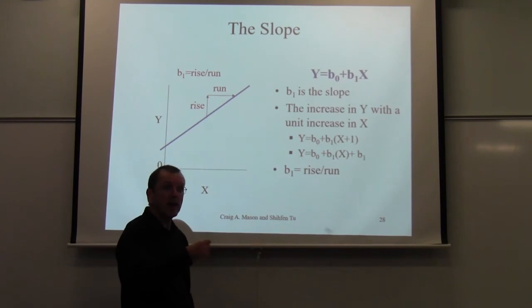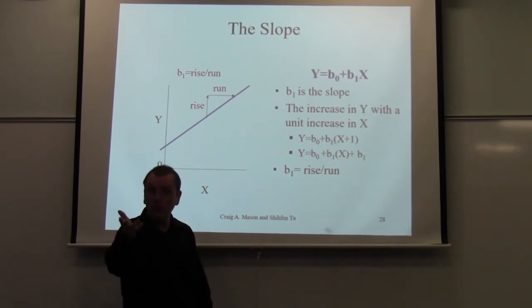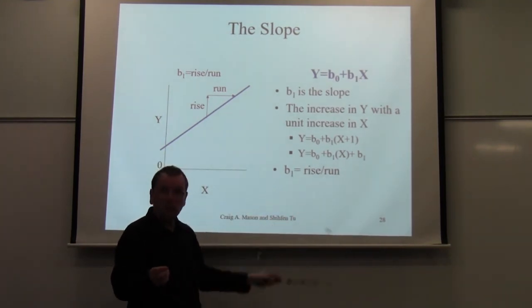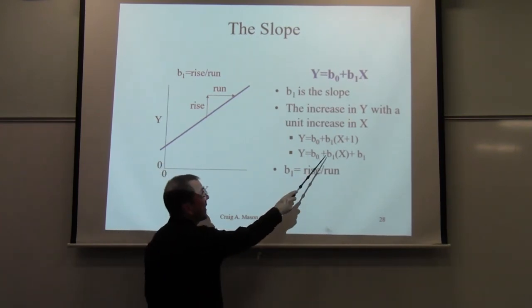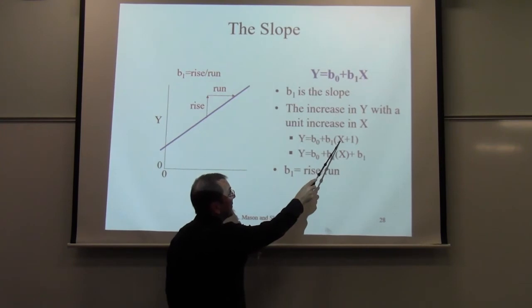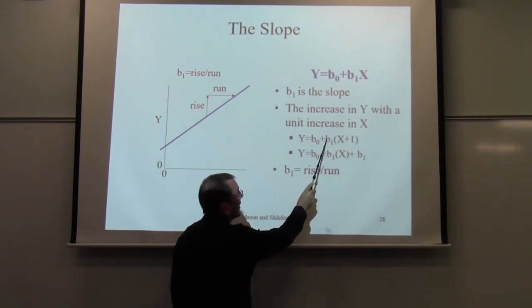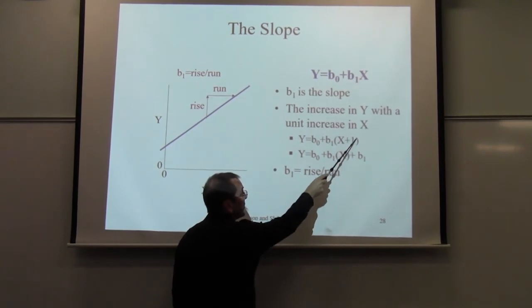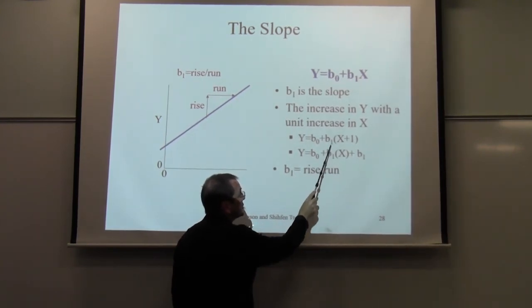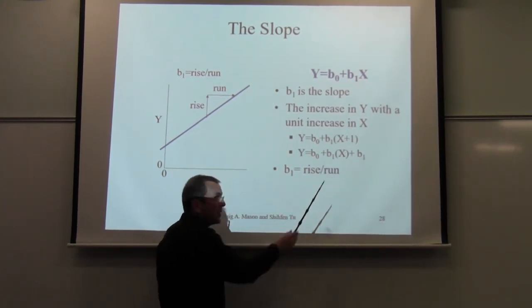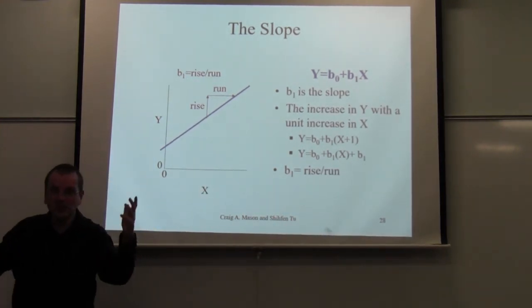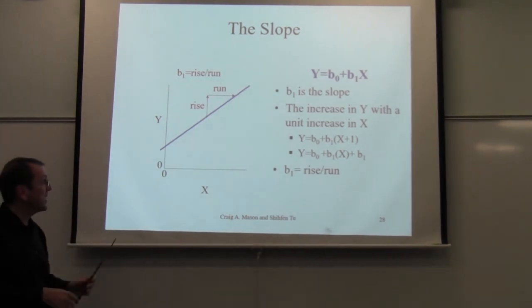So if every hour I study, my grades go up 0.2, b1 would be 0.2. You can see mathematically why that works: if I plug in b0 plus b1 times x plus 1, so I've studied 1 extra hour, that solves to b1 times x plus b1. That 1 hour is 1 additional b1.